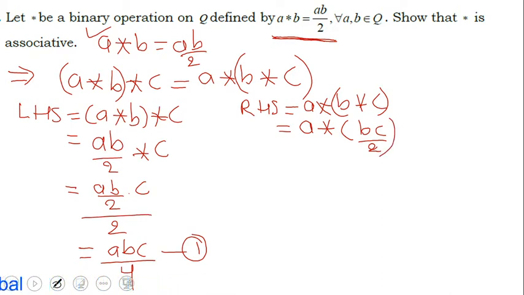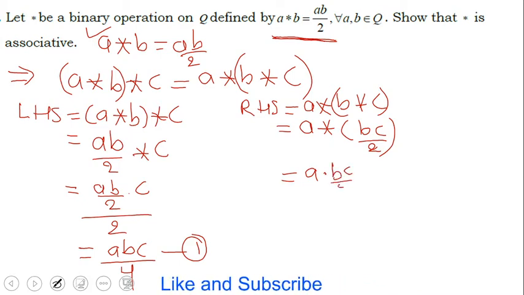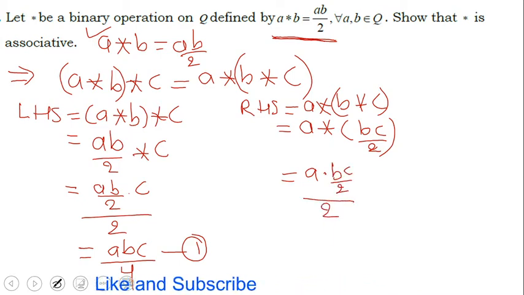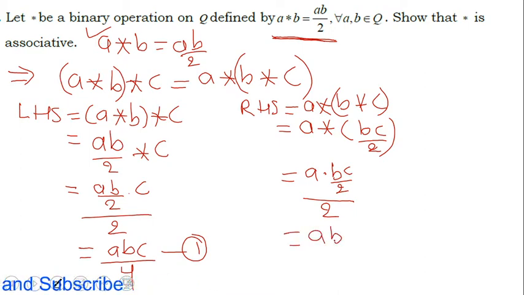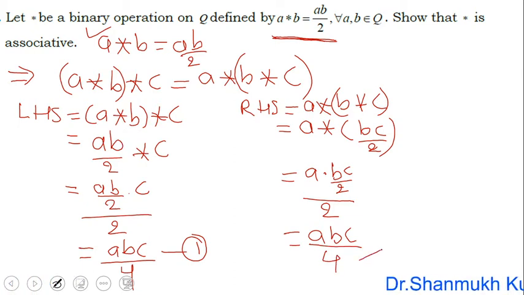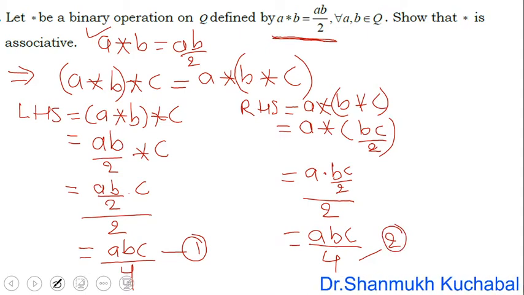Further, once again the star operation: we multiply these 2 quantities, A into BC divided by 2, and divide by 2. Simplifying, we get ABC divided by 2 into 2, which is 4. So this is the RHS simplification, we call it equation 2.